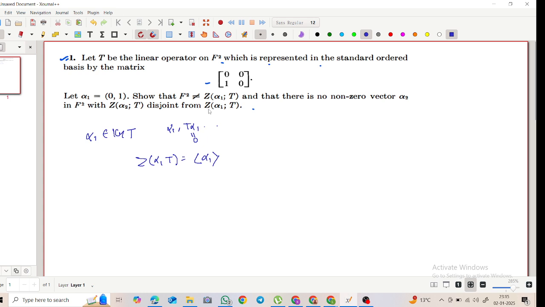Now, is there another alpha 2 such that it is disjoint from z alpha 1 t? Is there anyone?